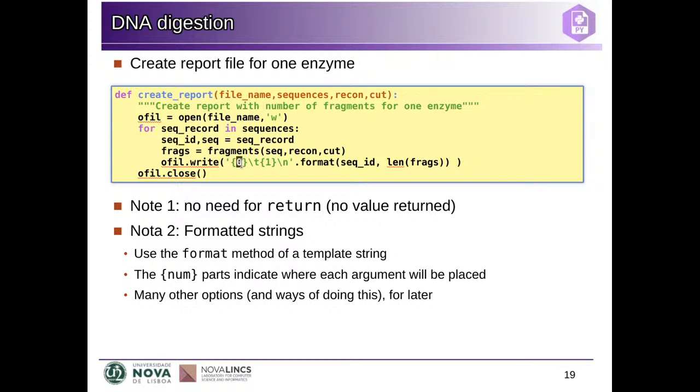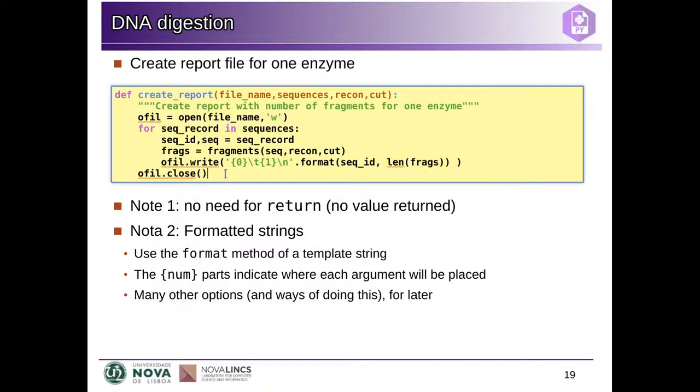So this will be argument 0, this will be argument 1, in the order here, and then we use the format method and give the arguments that we want placed there. So at the beginning of the string, format will place the identifier, and after the tab it will place the length of the fragments list. In other words, the number of fragments we obtained.